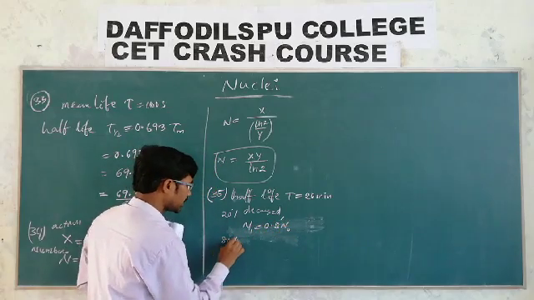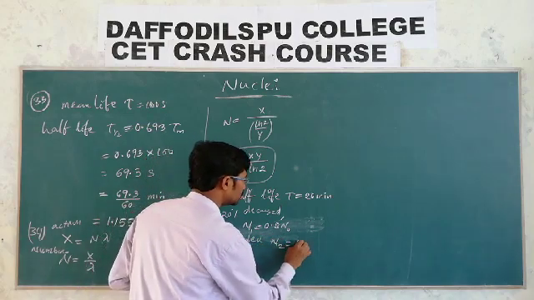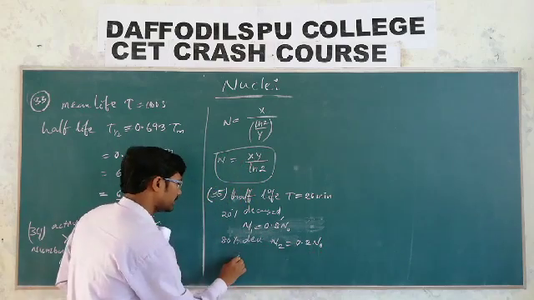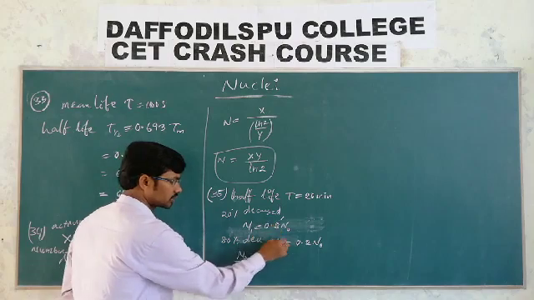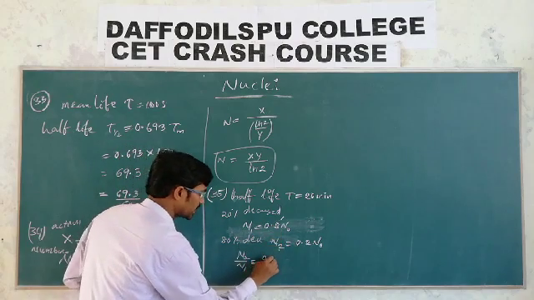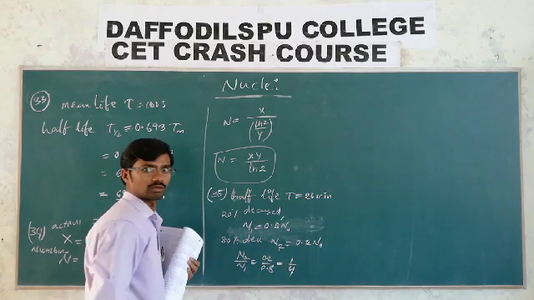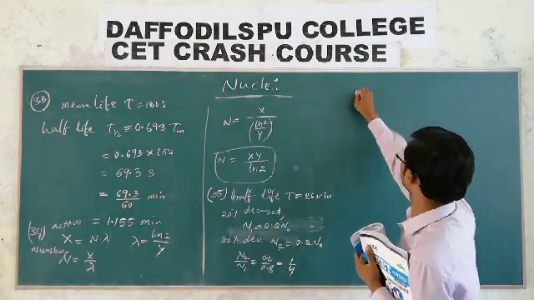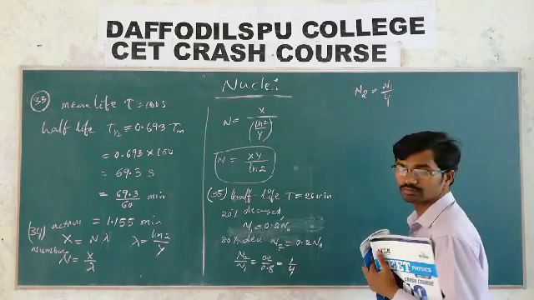When 80% decays, what is remaining? n2 is equal to 0.2 n0. Now n2 by n1 is equal to 0.2 by 0.8, that is equal to 1 by 4. Then n2 is equal to n1 by 4.